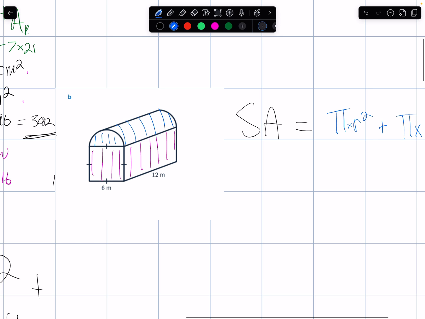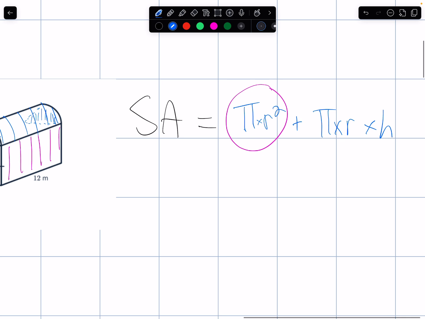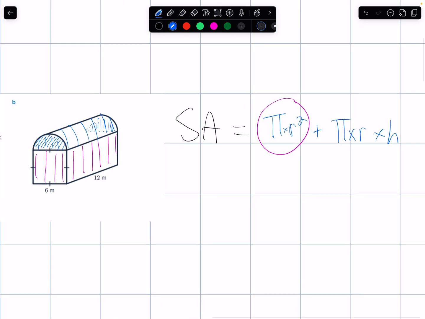So what we're going to do is we're going to take this here, I'm going to show you. This is this part here, and the back face as well. Because if you combined those two areas, you would get a full circle, which is pi r squared. Now, 2 times pi times r.